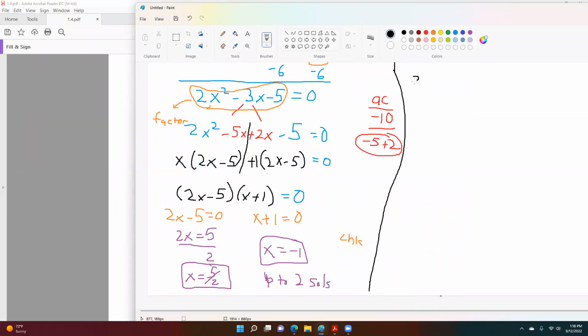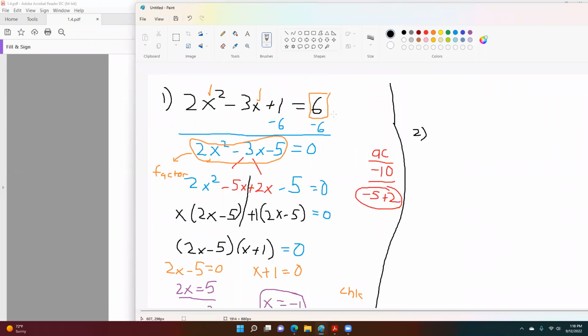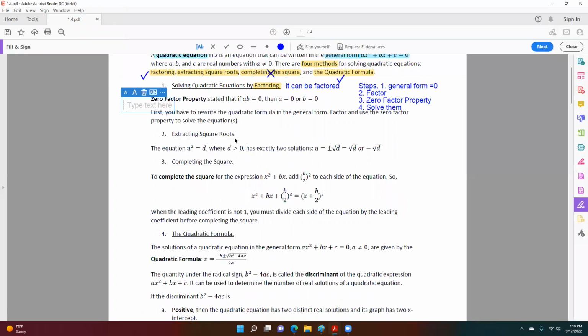As I mentioned, factoring is very important for us. Now, some of you will ask me, David, can I use this method on extracting the square root, completing the square, or the quadratic formula? The answer is yes, you can do the other 3 methods.